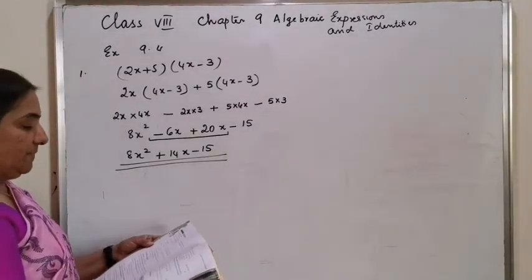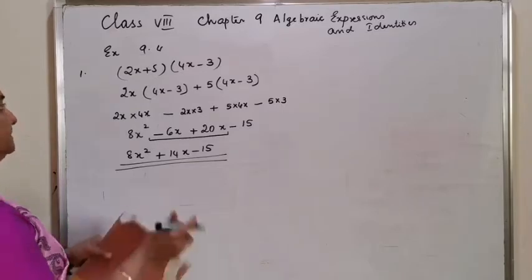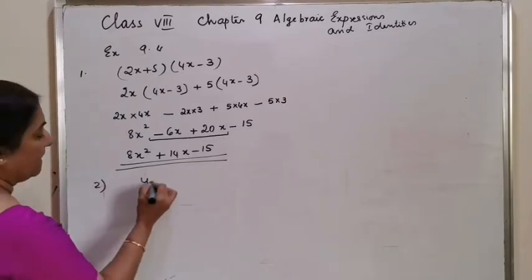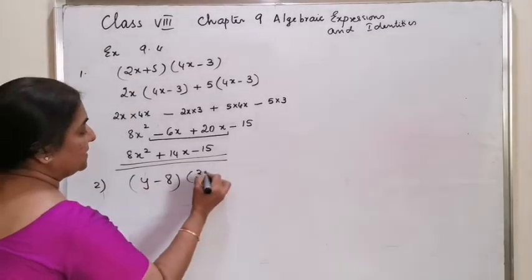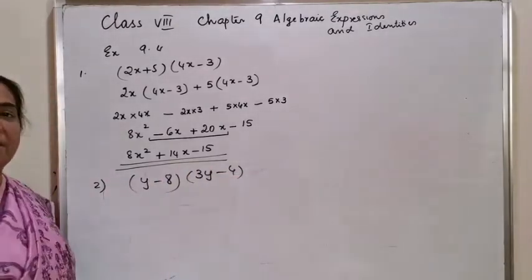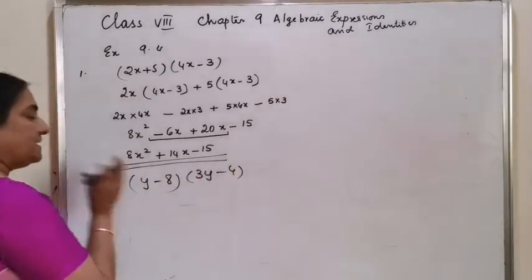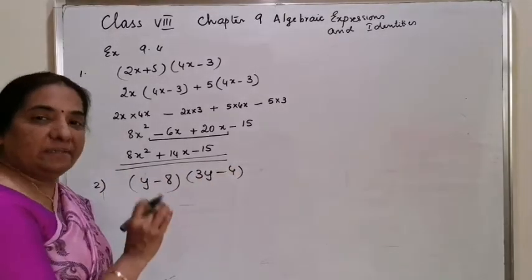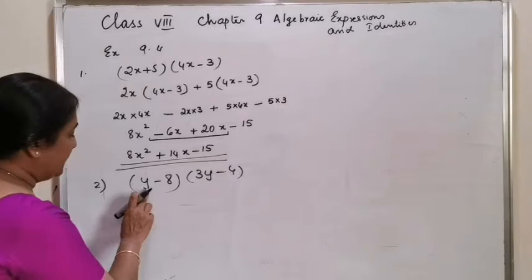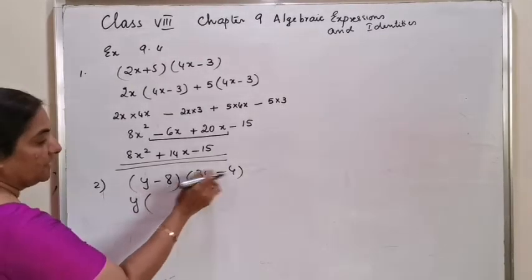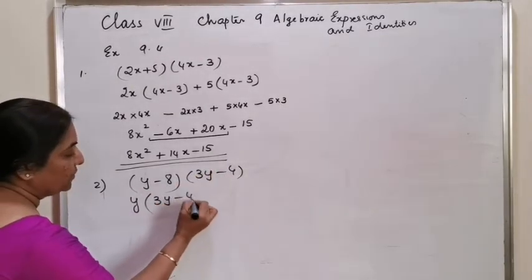The second one, y minus 8 and 3y minus 4. Let it be any order. Either y minus 8 into 3y minus 4 or 3y minus 4 into y minus 8. The method remains the same. That means y into 3y minus 4.